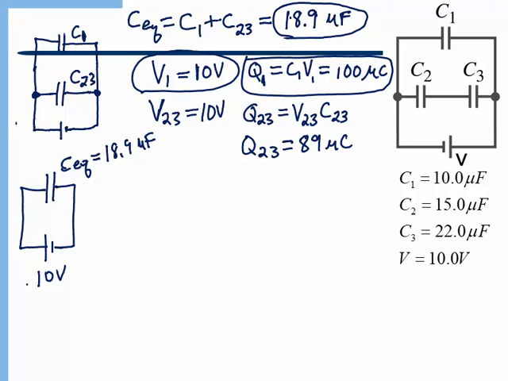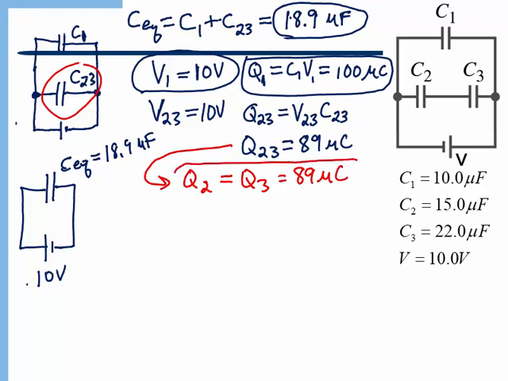Okay, so now the question is, we know about this capacitor. What does that tell us about these two capacitors? This is where you need to remember that when you have capacitors in series, the charge on each of them is the same and is the same as the one capacitor you replace them with. So based on this, Q2 and Q3 have to have a charge of 89 microcoulombs.